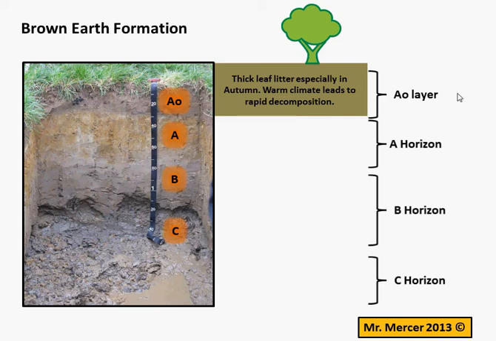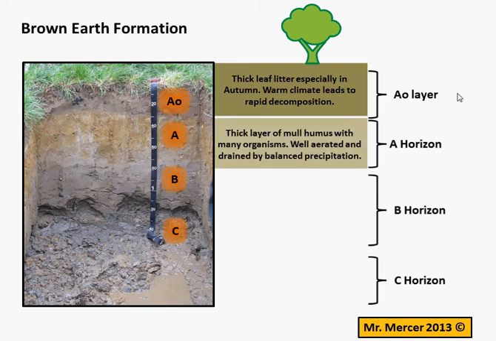Now, that precipitation that does fall will wash the nutrients that are in that rich, fertile layer of humus down into the A horizon. Now, the warm climate provided with that rich nutrient level getting washed down into the soil by leaching will encourage organisms.